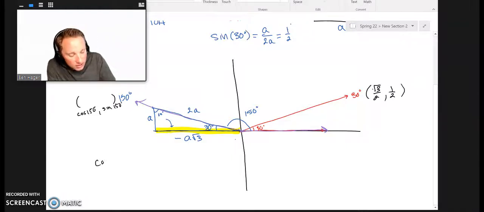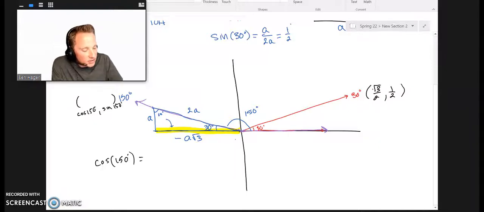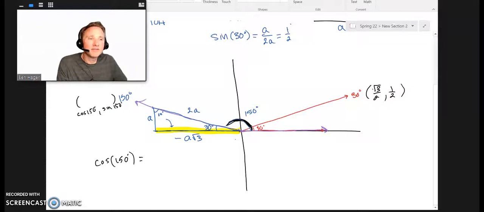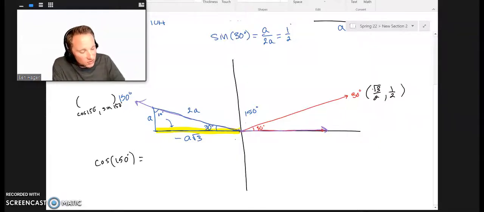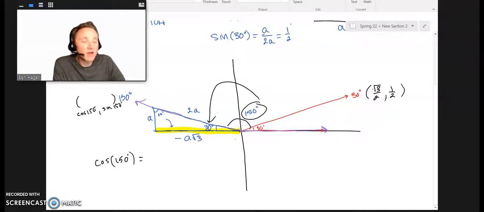Well, cosine of 150, I know it's confusing because you're thinking, well, I'm looking out here and that's not a triangle. It turns out the sine and cosine for this angle here is the same as it is for its reference angle, okay? You just have to make sure your signs are correct.